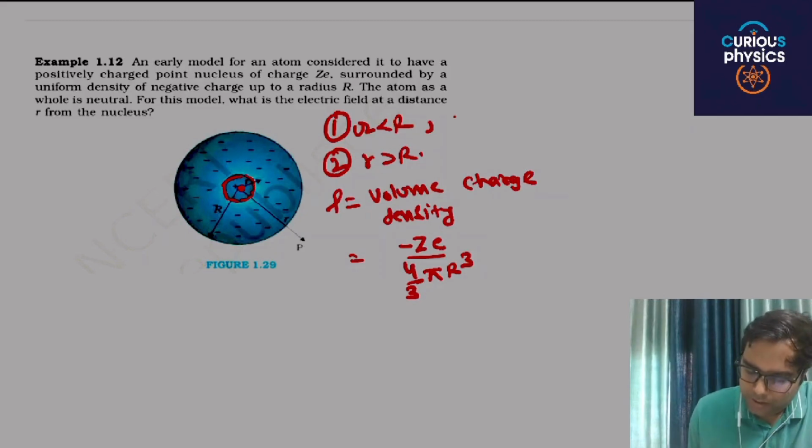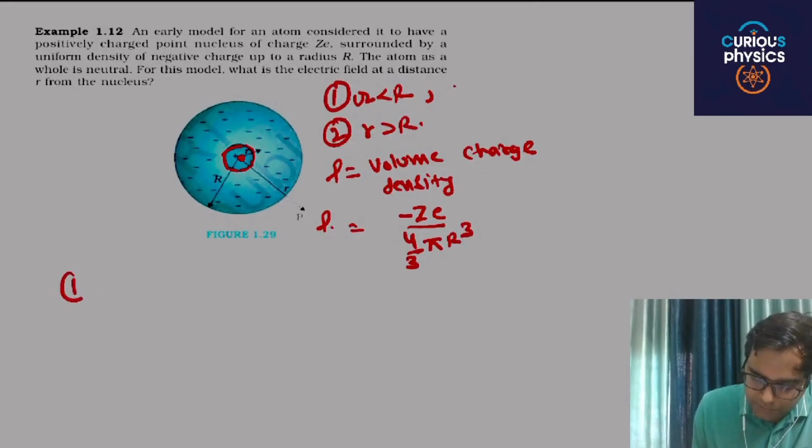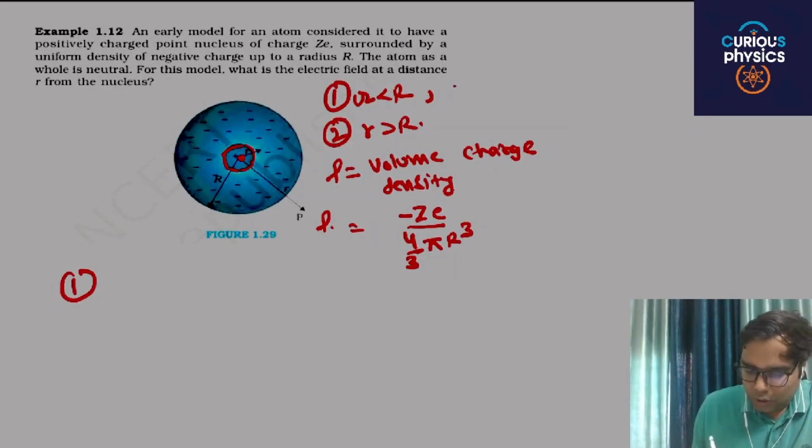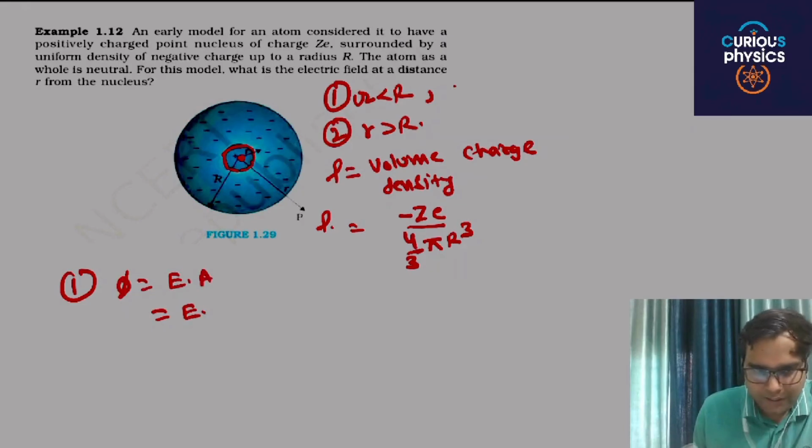Are you getting my point? So for case 1, to find the electric field on a Gaussian surface of radius r, the flux phi will be E into A, where A is equal to 4 pi r square.